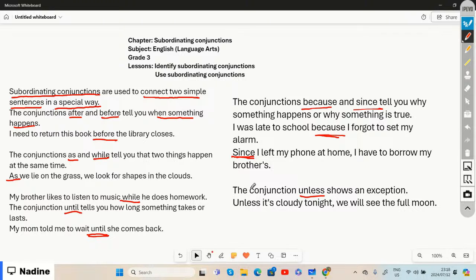So when it comes to coordinating conjunctions, remember there are different kinds of conjunctions. But subordinating conjunctions are like two sentences that are written as one sentence. That is what we call our two simple sentences.